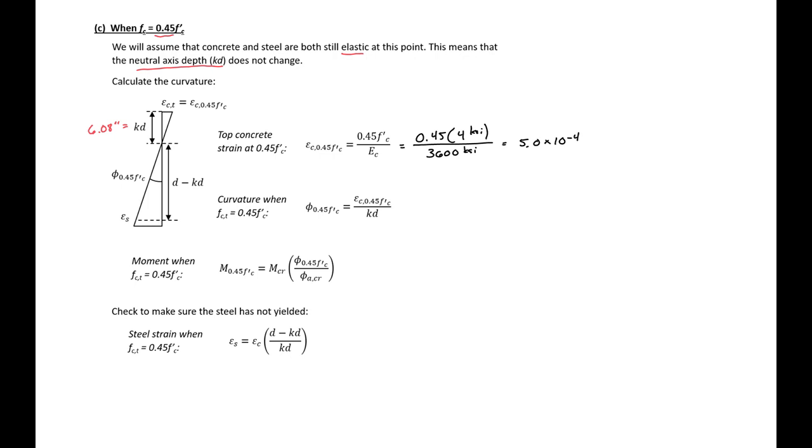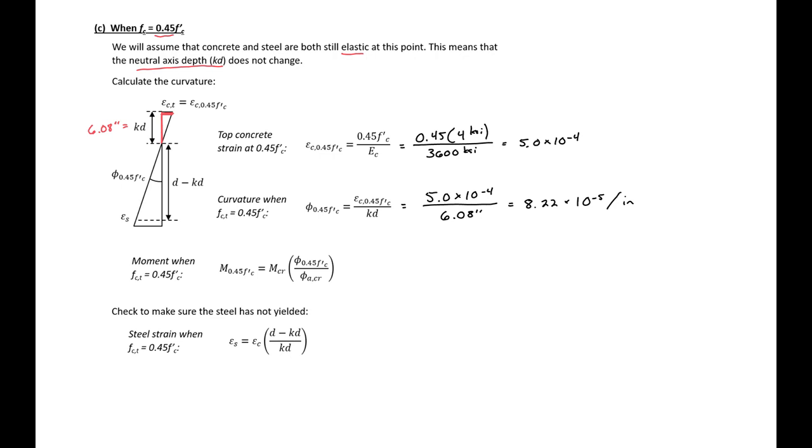We can then find our curvature using this strain and the distance from the neutral axis to the location of this strain. So we'll have the strain 5.0 times 10 to the negative fourth divided by our kd, 6.08 inches, to give us our curvature at this point equal to 8.22 times 10 to the negative fifth radians per inch.